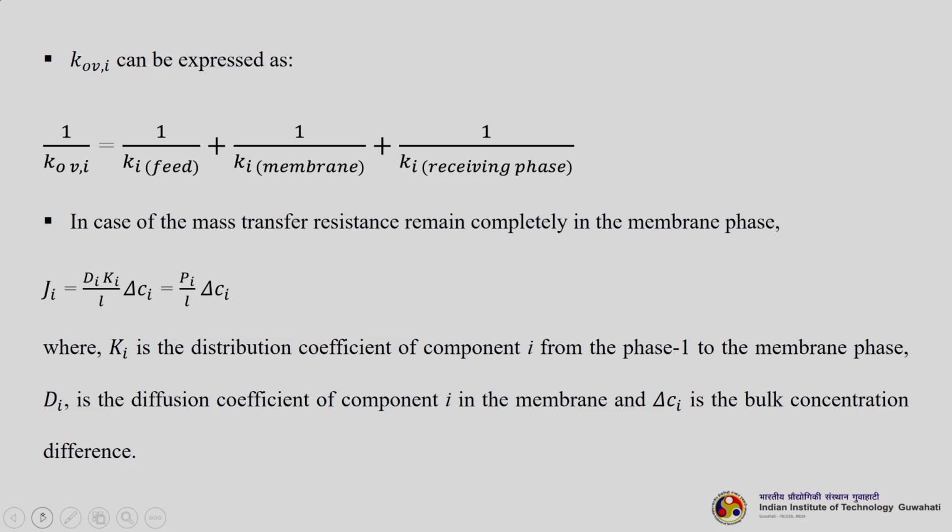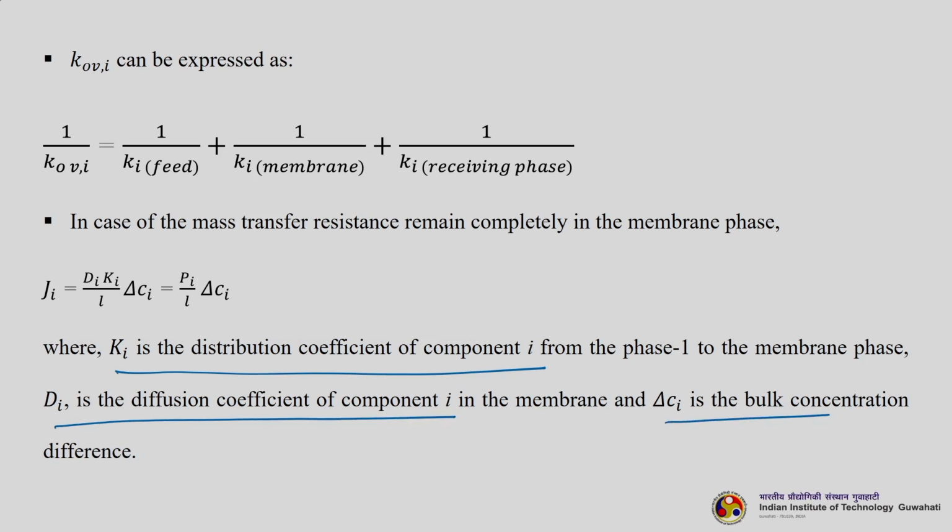In case the mass transfer resistance remains completely in the membrane phase, you can write Ji = di Ki/L ΔCi, or Pi/L ΔCi, where K is the distribution coefficient of component i from phase 1 to the membrane phase, di is the diffusion coefficient of component i in the membrane, ΔCi is the bulk concentration difference, and L is the thickness of the membrane.